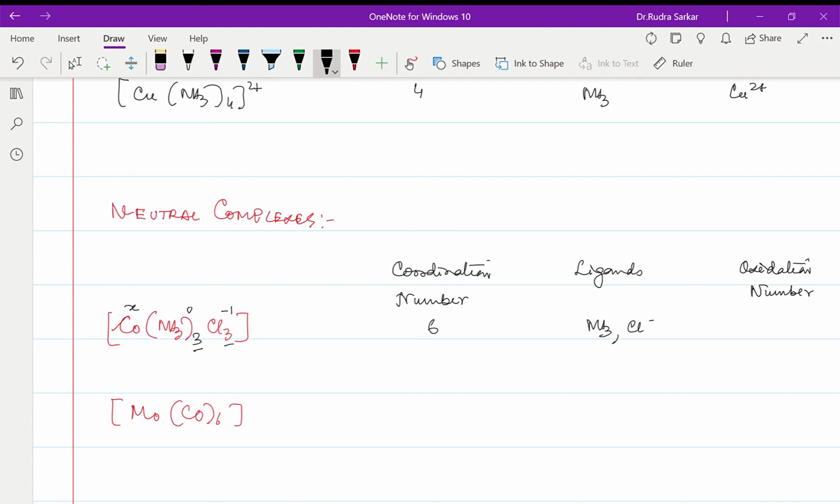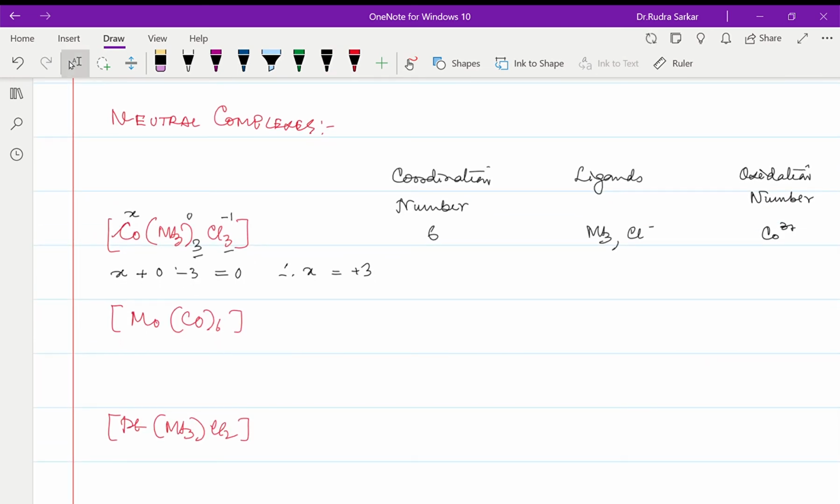If this is X, then X equals +3. So it is cobalt +3. Understood how to calculate oxidation state? Clear? Yes, sir.